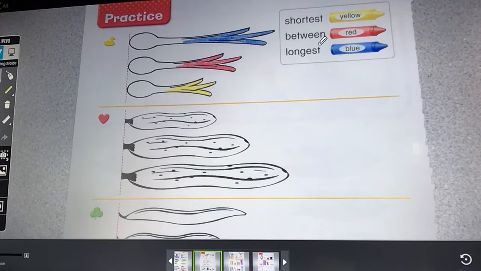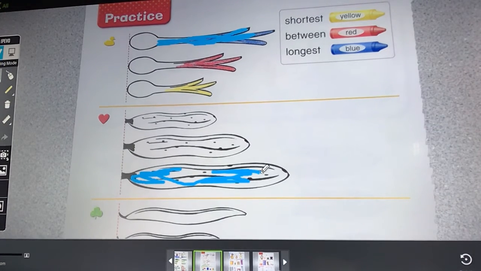I'm going to start coloring mine while you are, so you don't get too far ahead of me. And I need yellow for the shortest.